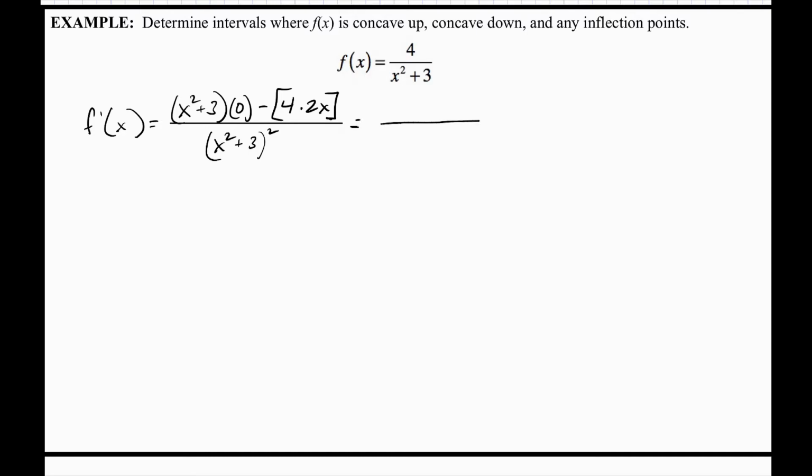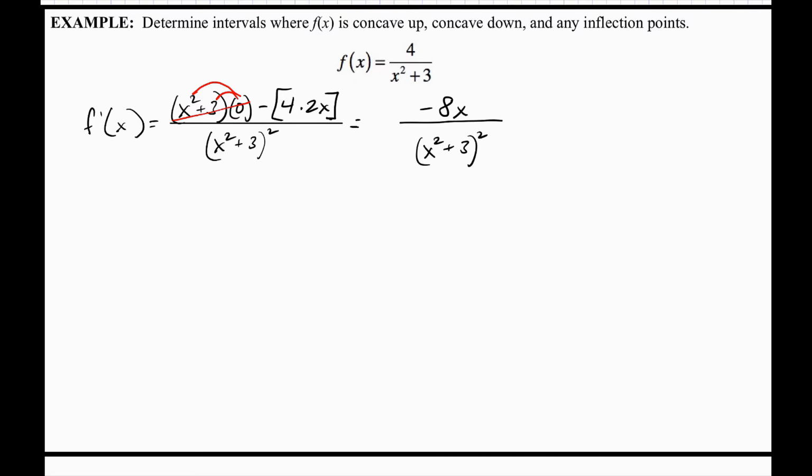Then we have to simplify it. Luckily, everything that's times 0 is going to go away. I would normally distribute, but it's just going to be times 0. So the only thing on top is negative 8x. That's the only thing in the numerator. That's the first derivative.